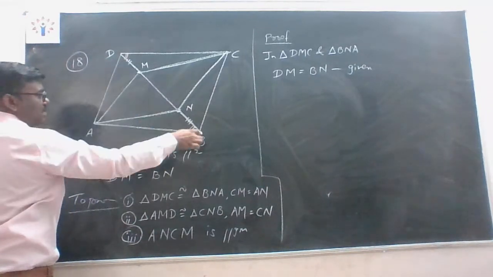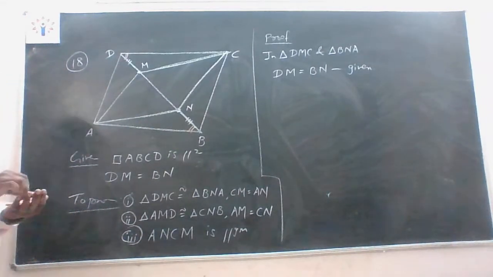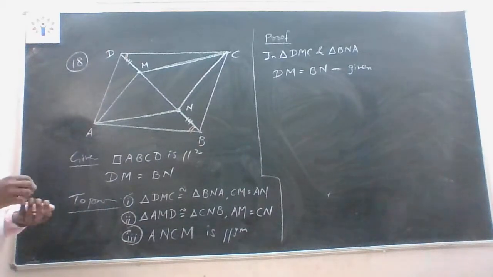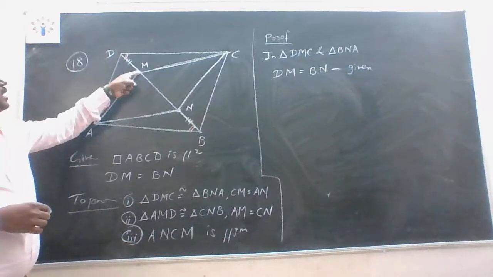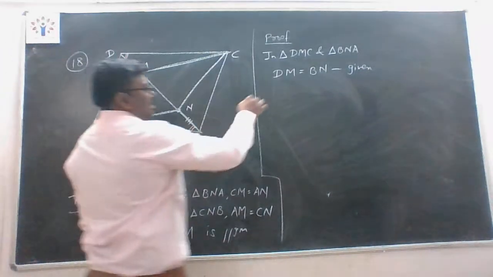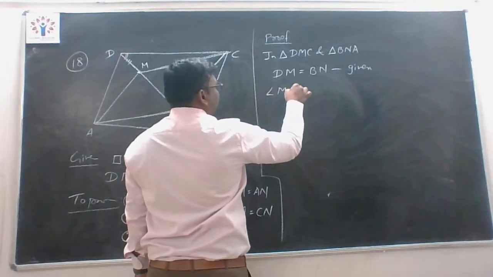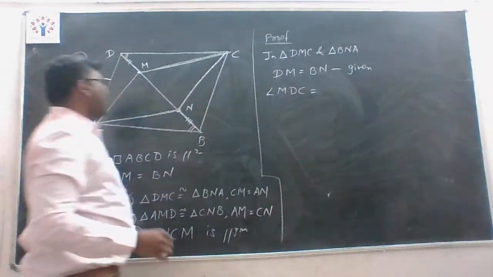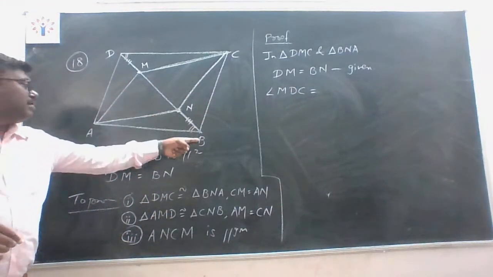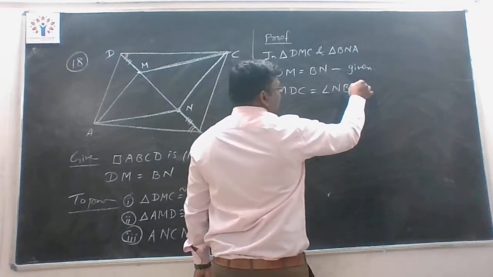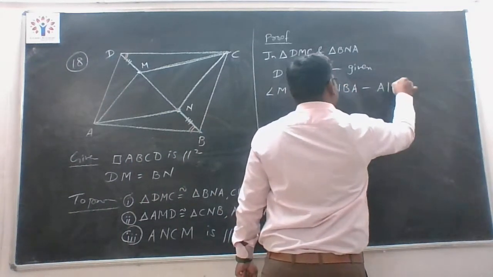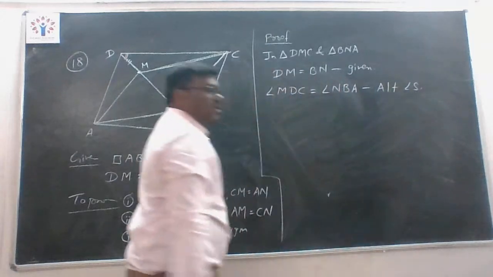Which type of angles are these? Alternate angles, Z formation is there. The name of the angle is MDC. Angle MDC is equal to angle NBA. The reason is alternate angles.